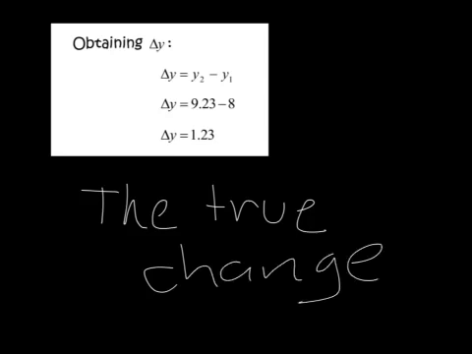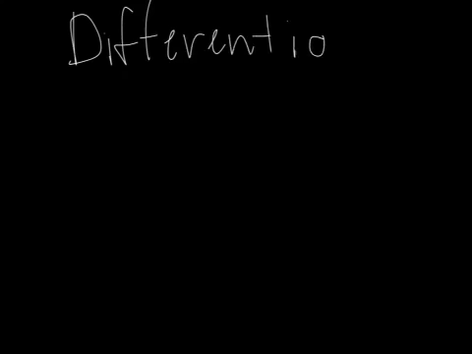This is the true change, which is actually delta y. Now that we have the true change of the function, we're going to use the differential in order to do the approximation and see how different the approximation is compared to the true change of the function.